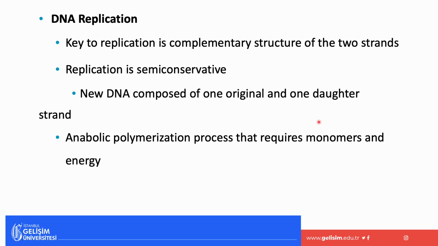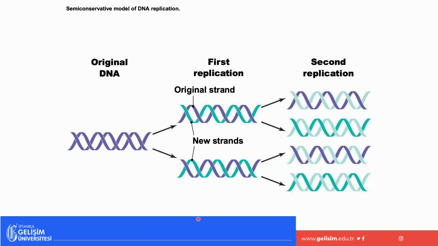This is the new one that gets produced. The synthesis of new DNA strands is an anabolic polymerization process, and this requires monomers in the form of nucleotides and energy in the form of ATP, adenosine triphosphate. So over here you can see the original DNA, and what ends up happening is this original DNA will open up, it splits, and then when that happens, you start to make new DNA.